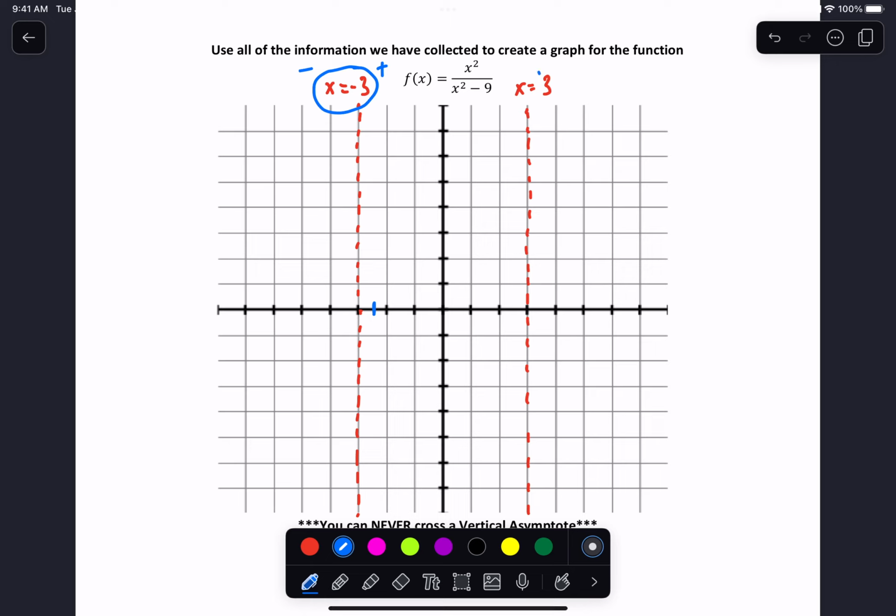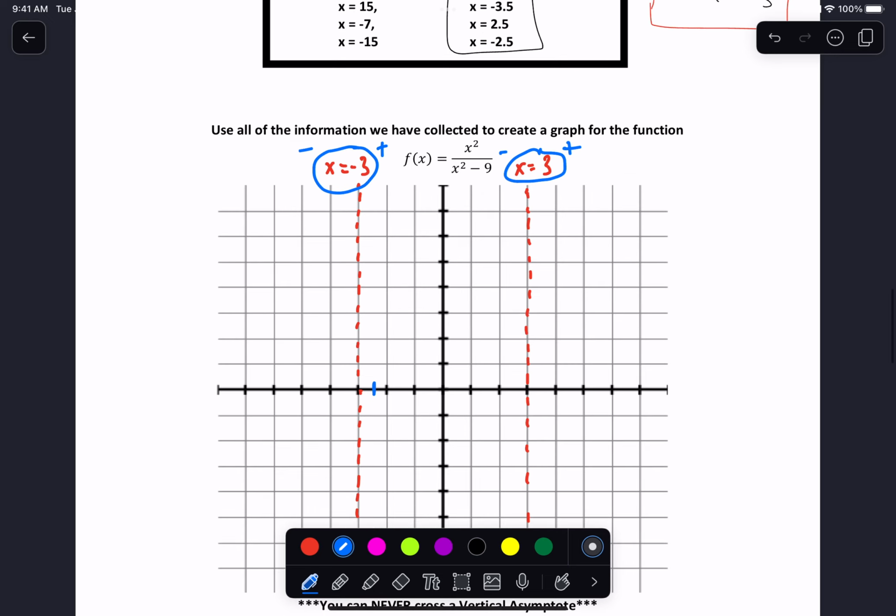Okay? I'm going to do the same thing here. I'm going to check on the right side of 3 and on the left side of 3. The left side of 3 is going to be 2.5. On the right side of 3, this is going to be x is equal to 3.5. You see what I'm doing? Just going to input values. It's just function notation.